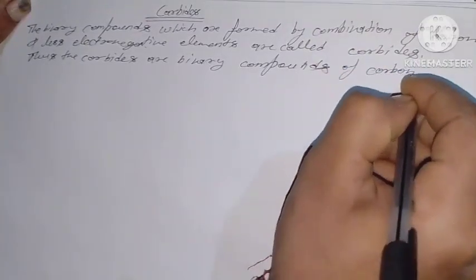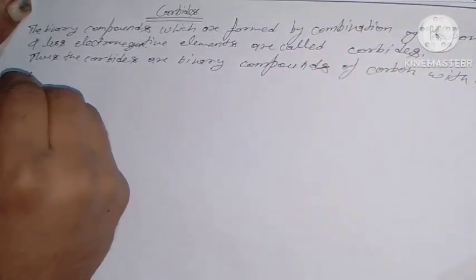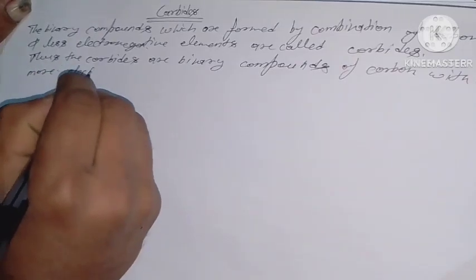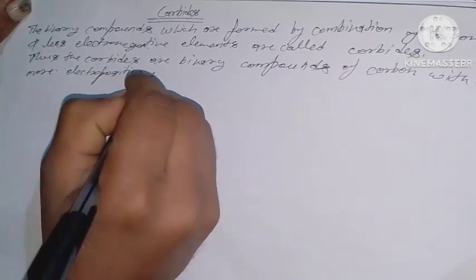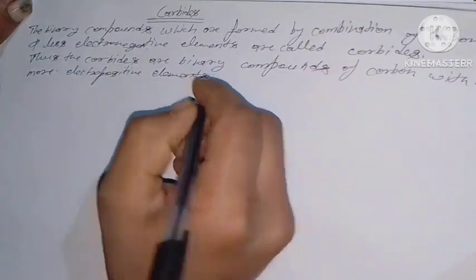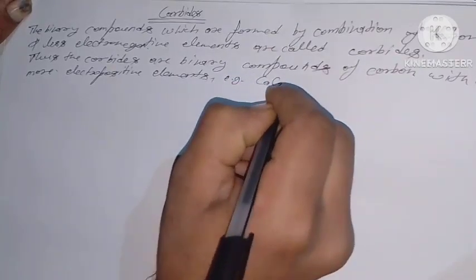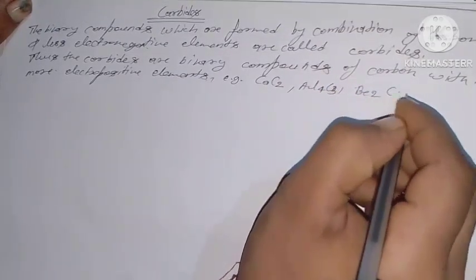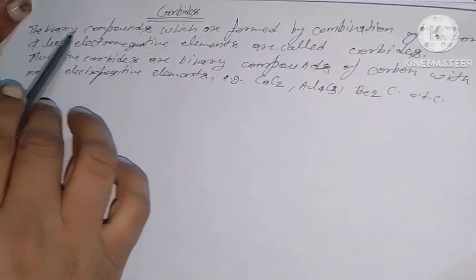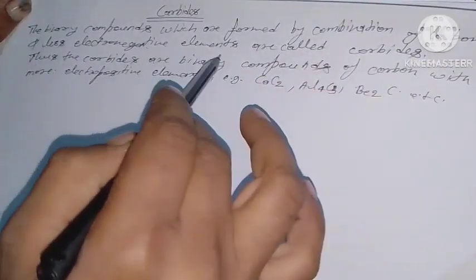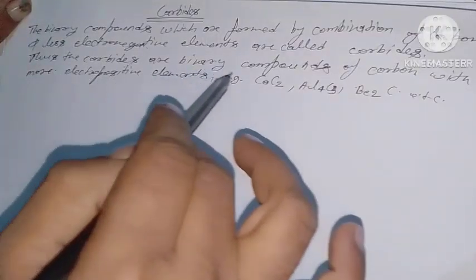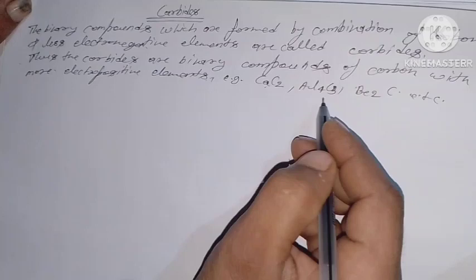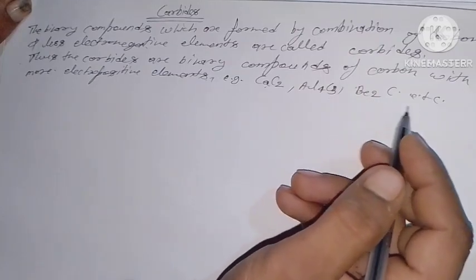Examples: calcium carbide CaC2, Al4C3, Be2C, etc. The binary compounds formed by combination of carbon and less electronegative elements are called carbides.